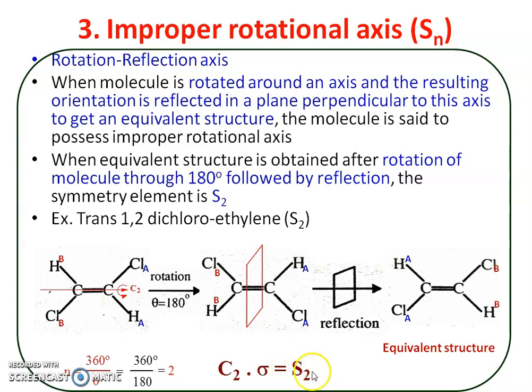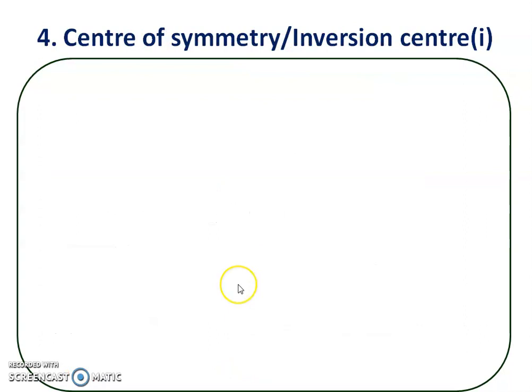So the improper rotational axis of symmetry is the product of the proper rotational axis multiplied by the plane of symmetry. So C2 into sigma is equal to S2. So in this trans 1,2-dichloroethylene, there is an S2 improper rotational axis of symmetry.